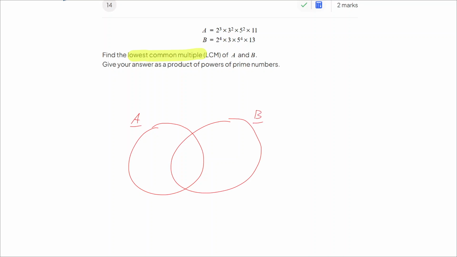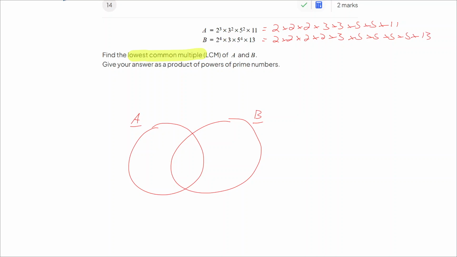Now what you could do here to make it a little bit clearer is write this out in long form. So 2 cubed is 2 times 2 times 2. 3 squared is 3 times 3, times 5 times 5, times 11. Now for this one, you've got 2 four times, times 3, 5 four times, and then times 13.